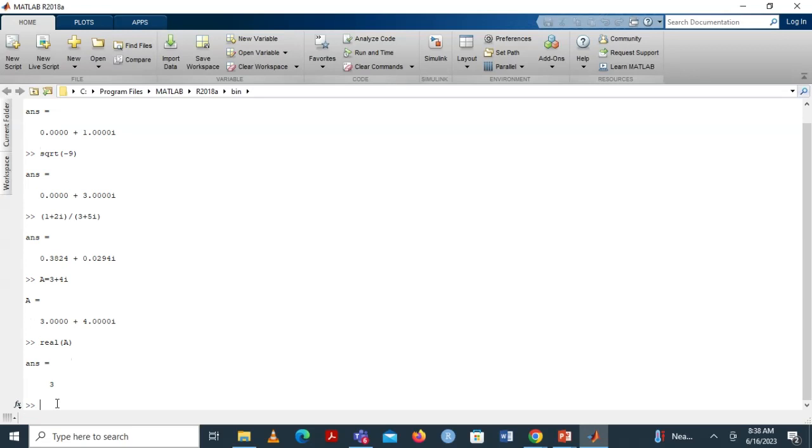Now, if I want to find the imaginary part, we use what we call imag. So imag of a, and I press enter, it is giving me the imaginary part as 4.